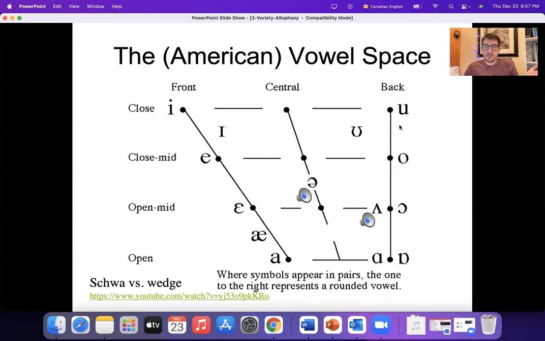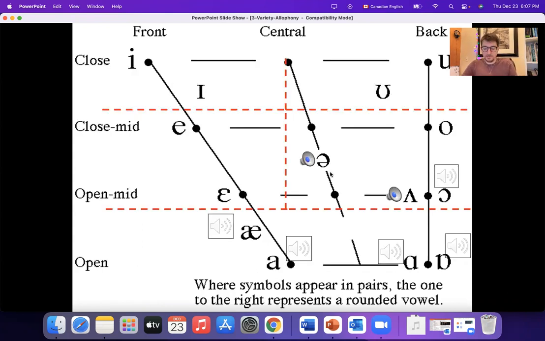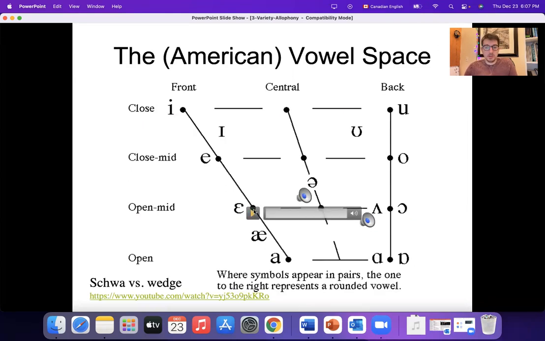I don't want to impersonate Bruce Springsteen, but when he says tough, he says it with a schwa, and it should be said with a wedge. So he sings it like this. And then he goes back to tough with a wedge.